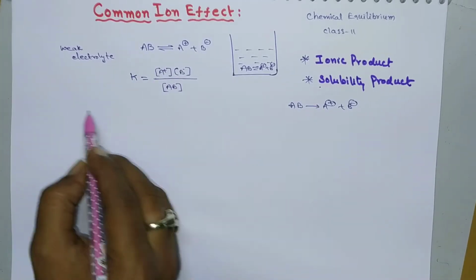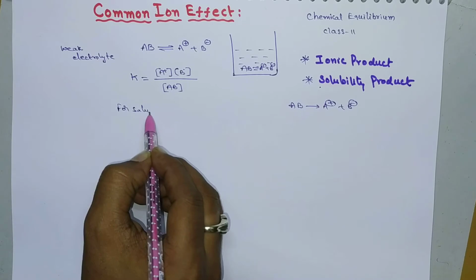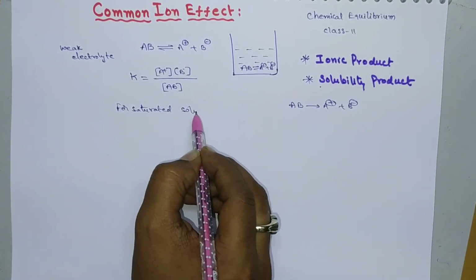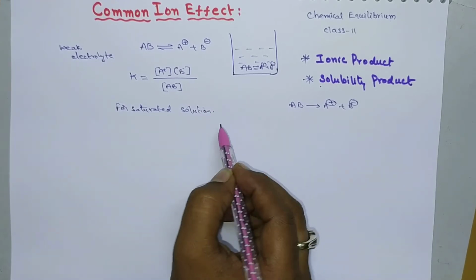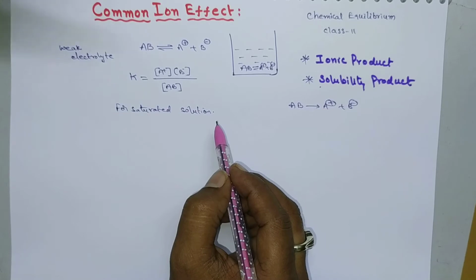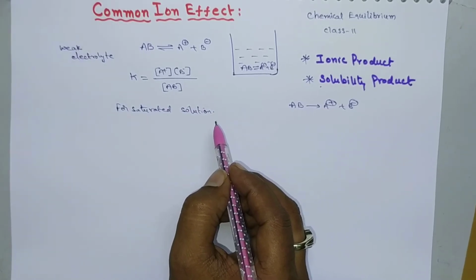Suppose it is a saturated solution. Solutions are of three types: saturated solution, unsaturated solution and supersaturated solution. In case of saturated solution, the solution consists of the solute which can dissolve in it.